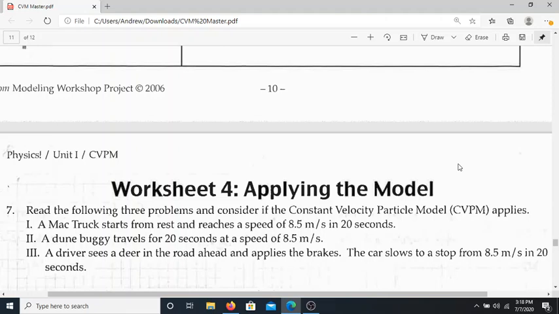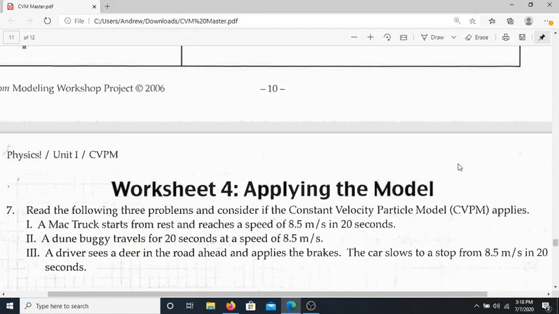Basically, you're on worksheet 4 of the packet right now, and you're going to start with question 7. I want you to decide, of these 3 scenarios, to which scenarios the constant velocity model applies. So in which of these scenarios does the object seem to be going at constant velocity, and in which is the object not going at constant velocity?